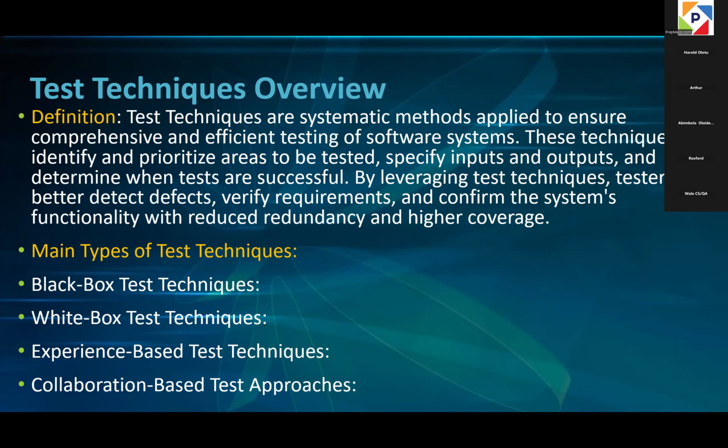These techniques help identify and prioritize areas to be tested. They also specify inputs and outputs, and determine when tests are successful. By leveraging test techniques, testers can better detect defects, verify requirements, and confirm the system's functionality with reduced redundancy and higher coverage. So we're going to look at the main types of testing techniques, okay?